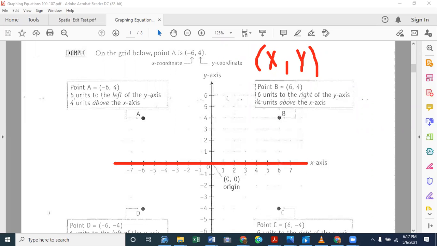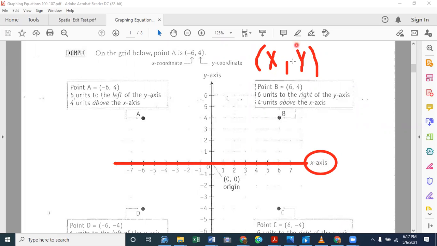It's called the x-axis. And x is how far to the left or to the right of 0 the number is. So if the x value is negative, your answer is going to be to the left of 0. If your x value is positive, it's going to be to the right of 0.